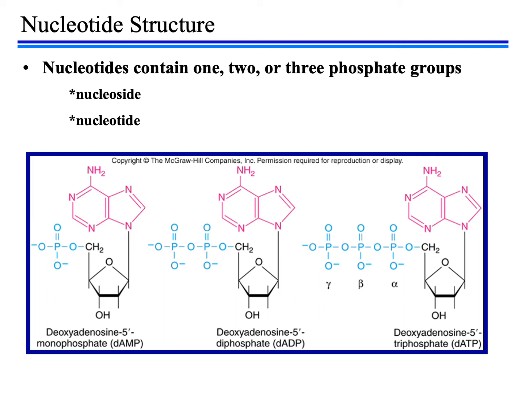The proper terminology for this figure is deoxyadenosine, so the base is adenine. The correct terminology here is deoxyadenosine monophosphate. In the figure in the center, you have deoxyadenosine diphosphate, and then the one all the way to the right, deoxyadenosine triphosphate.